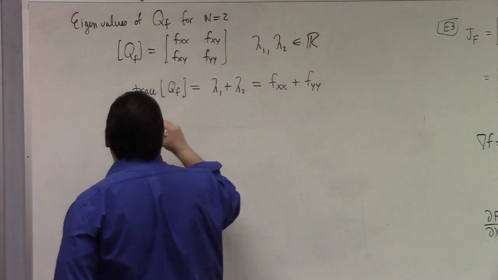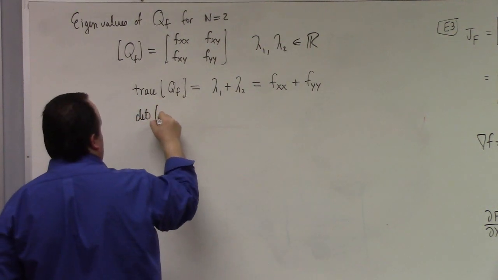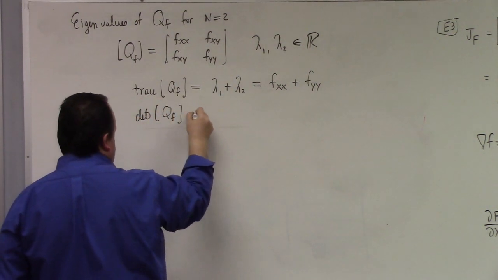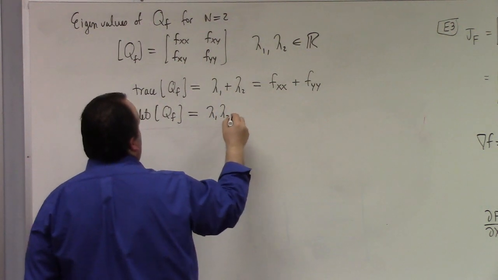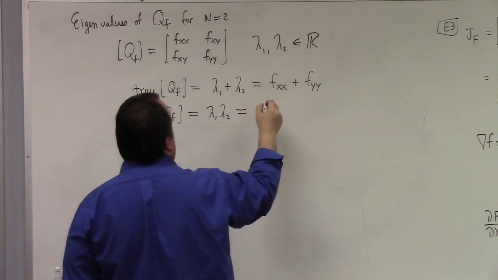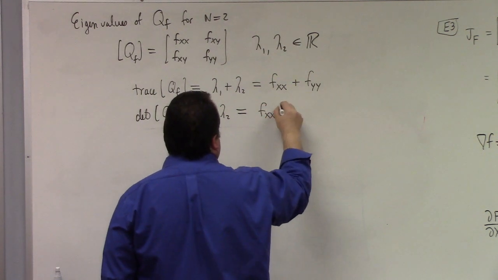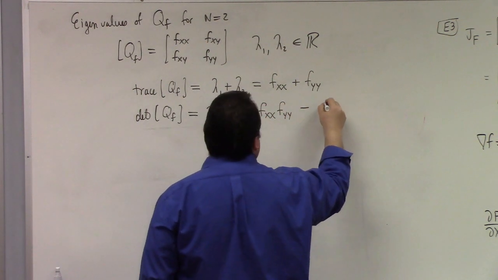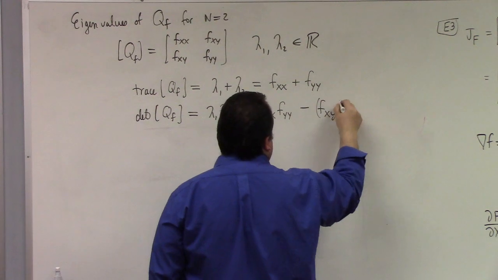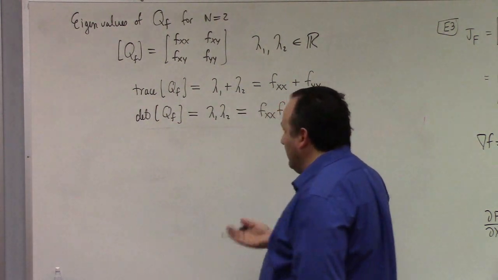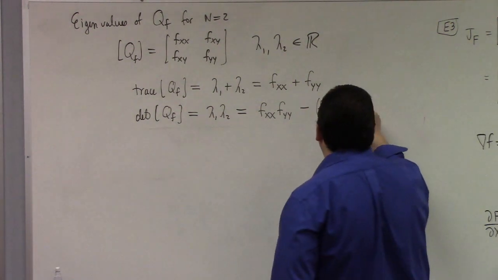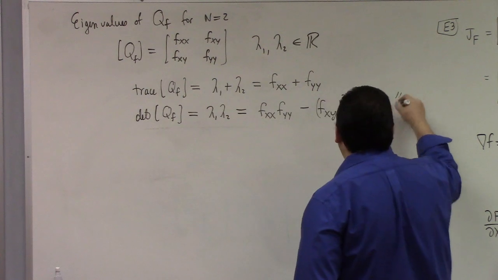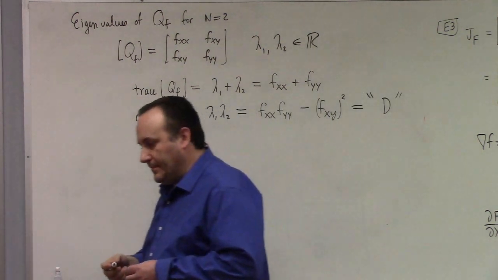And the determinant of the quadratic form is lambda 1 lambda 2, which in terms of partial derivatives is fxx fyy minus fxy squared. Now if you remember your calculus 3, you should recognize what I just wrote as the quote-unquote big D of the second derivative test.